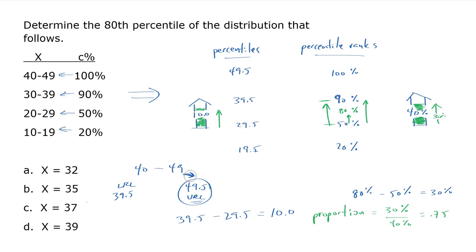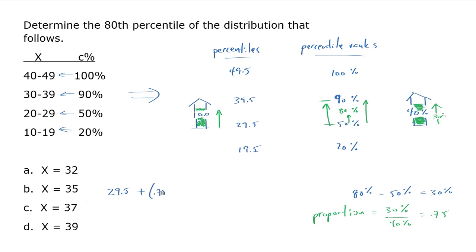Well, the way that we work it out is like this. Let's start at 29.5, and then we're going to add a bit. We're not going to add the full 10 because that would take us to 39.5. Instead, we're going to add 75% of the full way, 75% of 10.